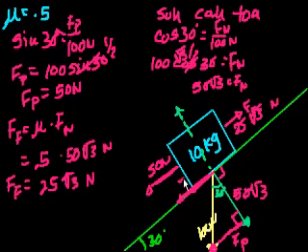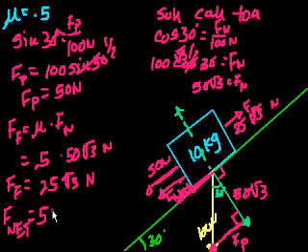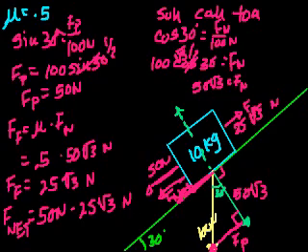Well, the net force, let's call this F net, is going to be equal to the force of gravity parallel to the plane, which we figured out as 50 newtons, minus the force of friction, minus 25 square roots of 3 newtons.